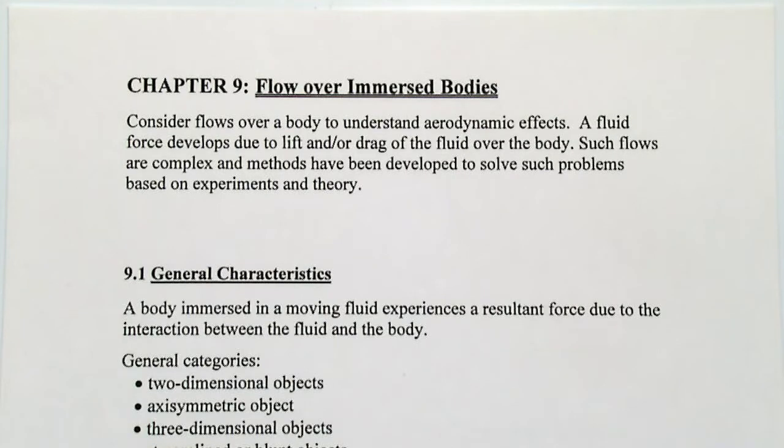So let's start chapter 9, which is flow over immersed bodies. First, consider the flow over a body to understand aerodynamic effects. Immersed body means that the body is completely surrounded by the flow moving over it, and it is going to have a lift or drag.